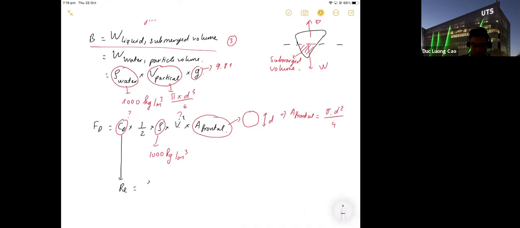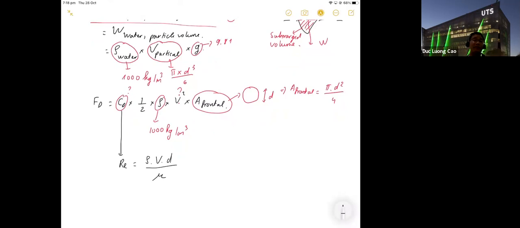Reynolds number is rho V D over mu, and inside the Reynolds number you have V, velocity. Based on equation 4, you can't find velocity without CD. But you can't find CD if you don't know velocity, because you don't know the Reynolds number, and then you can't use the figure in question 2.